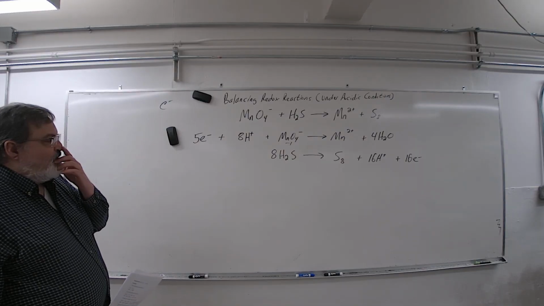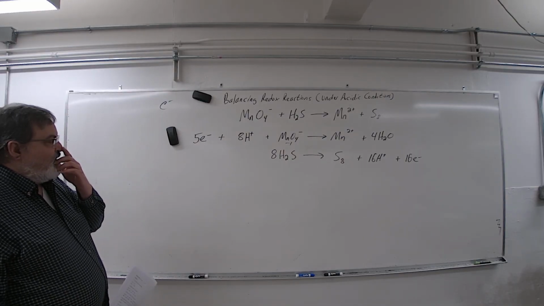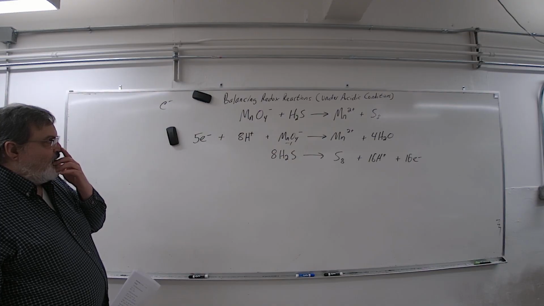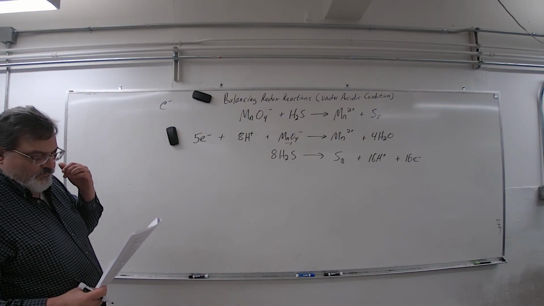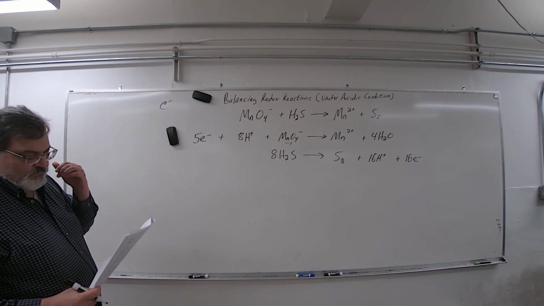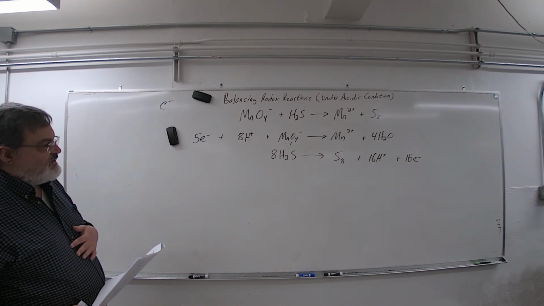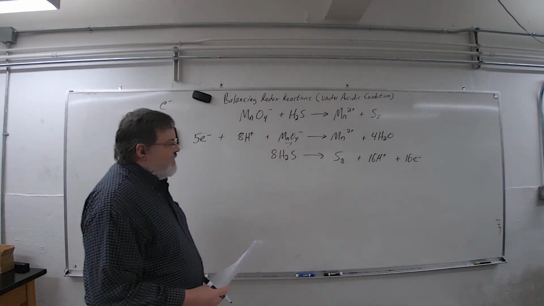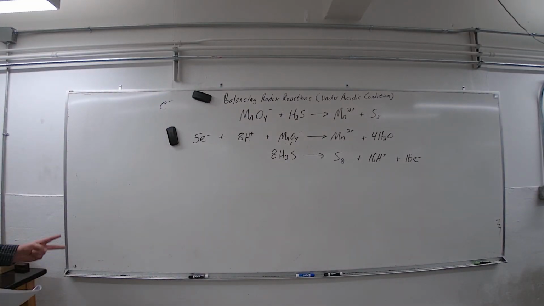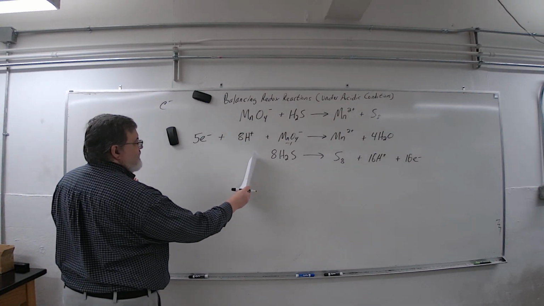32, 48. 60. 60, right? 42, it's 2. 48, 60. We multiply this by 4, we get 60.